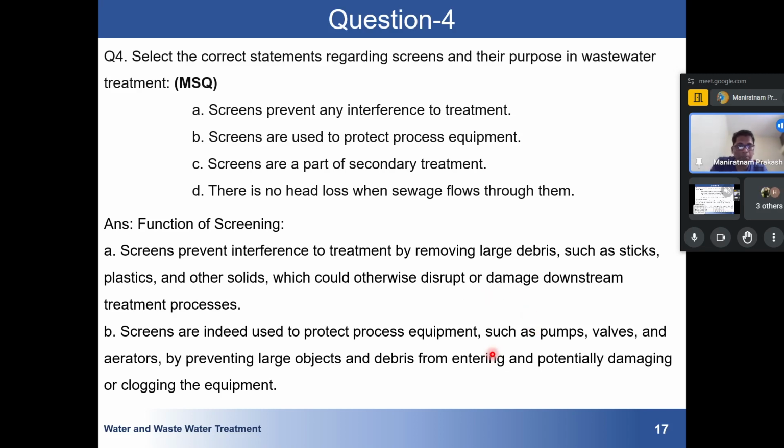We have pumps and different kinds of pipes, and we want to save those also, because we do not design our treatment plant daily. We invest a lot one time so that it can keep working for many years. That's why we try to remove all these particles.